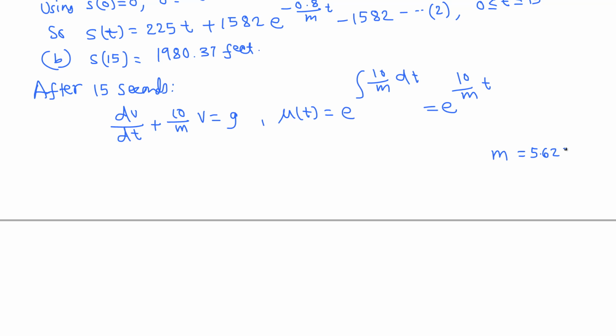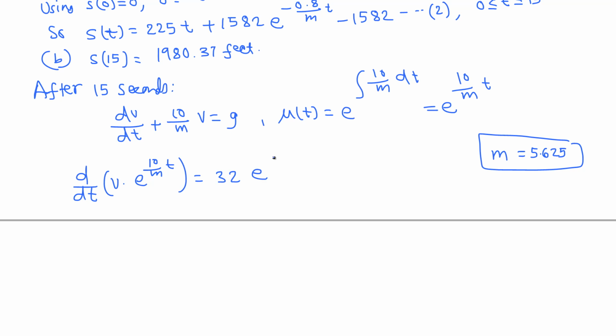That's the mass. We multiply both sides by the integrating factor, and the left hand side becomes the derivative of v times the integrating factor, so the derivative of the dependent variable times the integrating factor equals g, which is 32, multiplied by the integrating factor e^(10t/m).